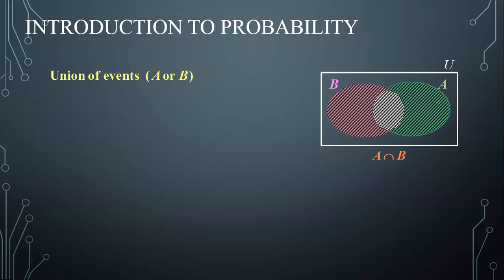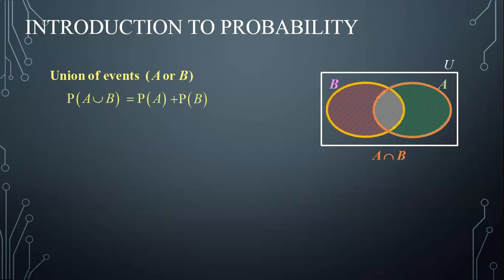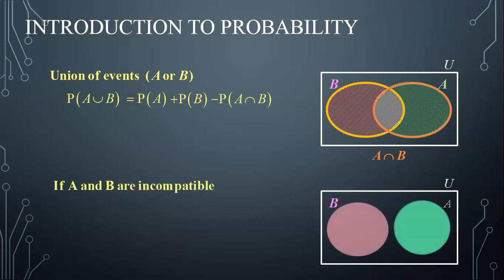The probability of A union B, consisting of everything inside A or B or their intersection, would actually be the probability of A plus the probability of B, but notice that the intersection was taken twice by adding the probabilities of A and B. Then we have to subtract the probability of the intersection to consider it only once. But if A and B are incompatible with an empty intersection, then the probability of the union would exactly be the probability of A plus the probability of B.